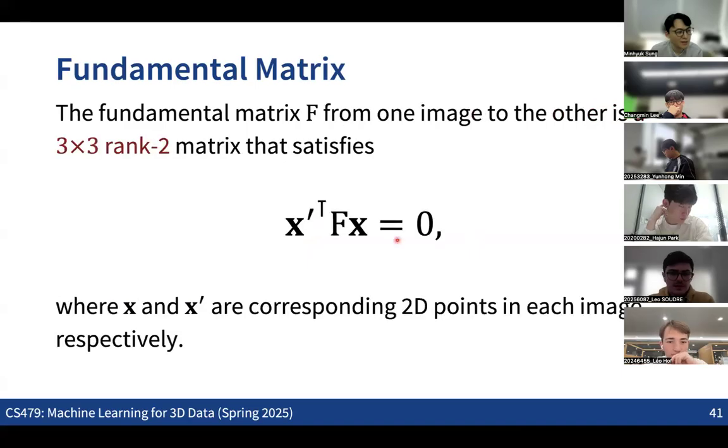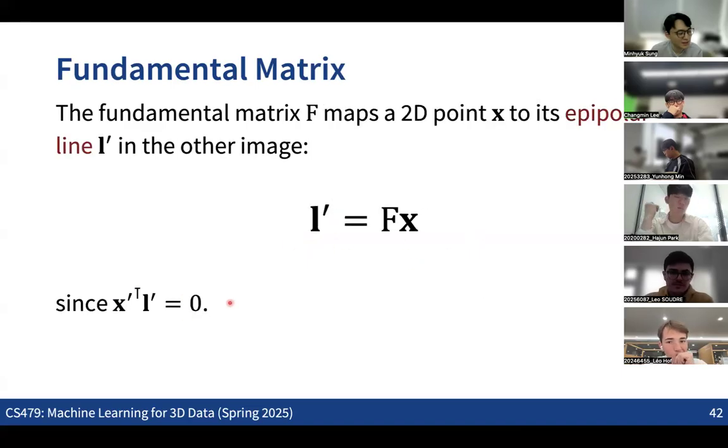So when you combine this definition and the line representation, we can see that F maps a point in the first image to the corresponding epipolar line in the second image. So F is the mapping function from the point to the epipolar line in the other image. Okay, makes sense?